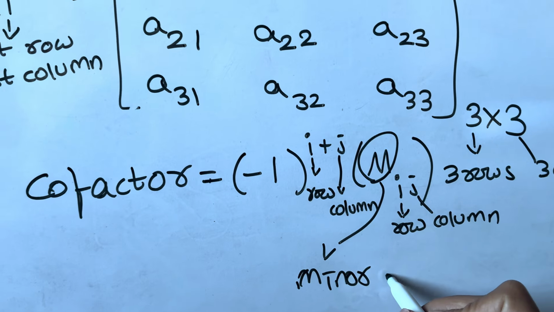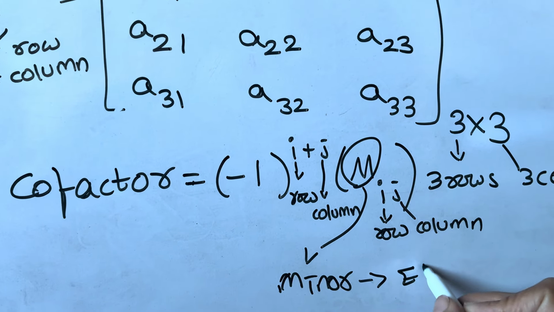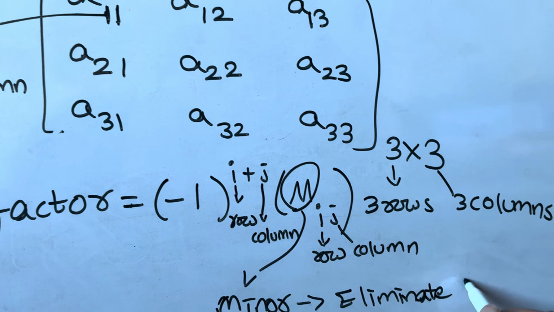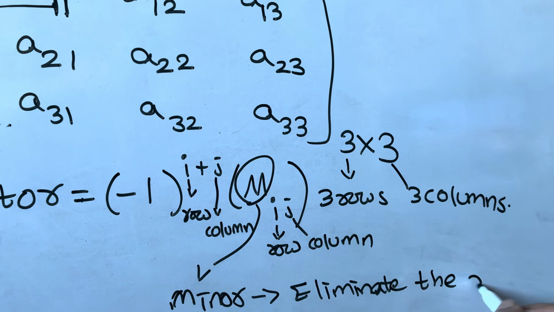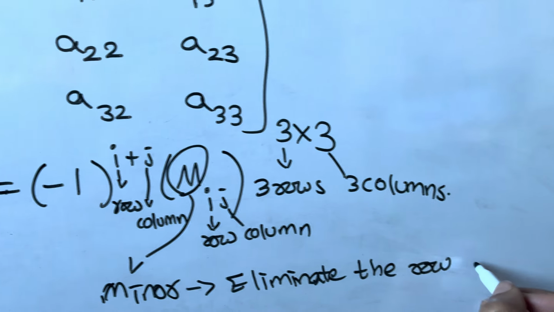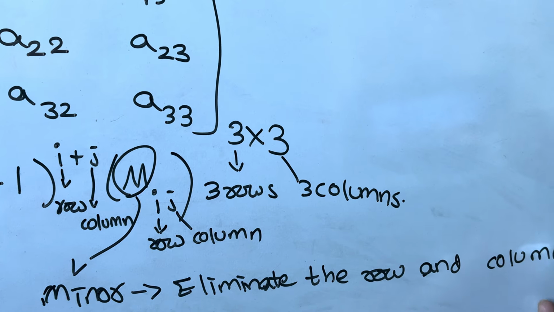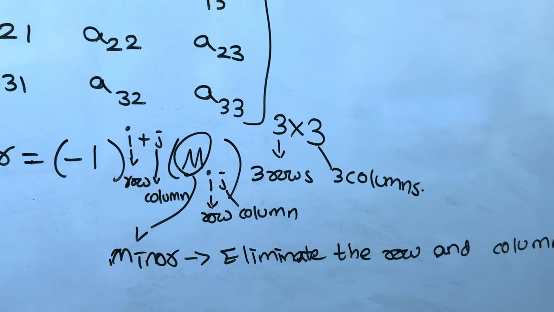Finding the minor means we eliminate the row and column of the matrix.